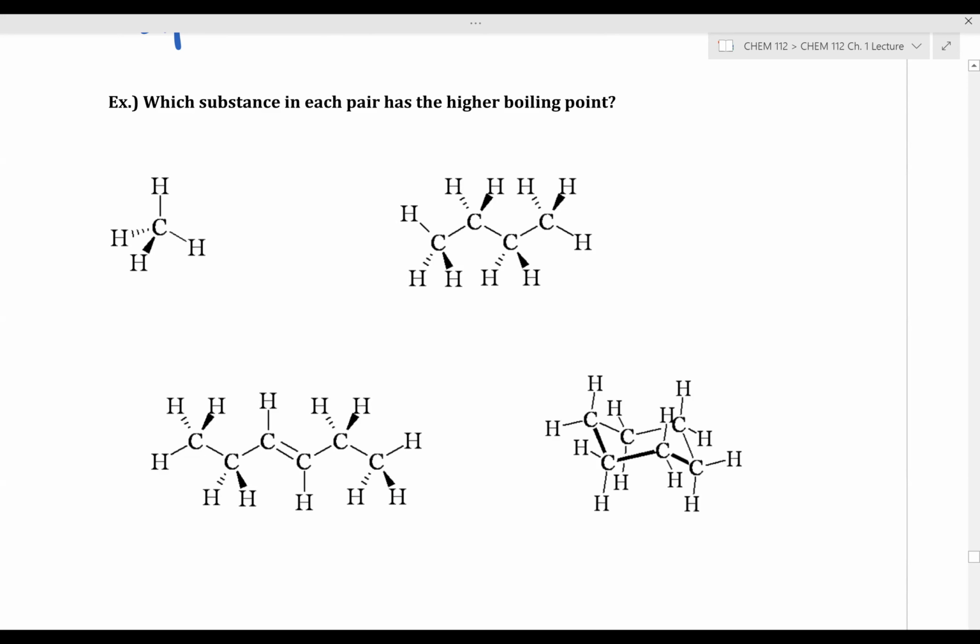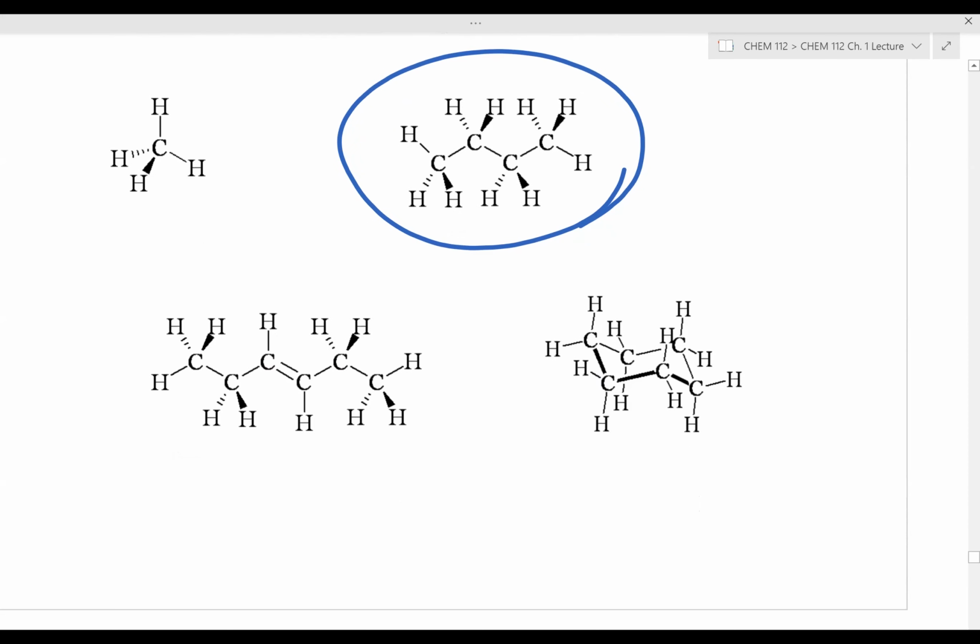So let's talk a little bit about each of these examples. In the first case, which of these two molecules has a larger molecular weight? The one on the left or the one on the right? Right. Okay, perfect. So we'd expect it to have a higher boiling point. Now in this second example, we're comparing a linear structure to a cyclic structure.